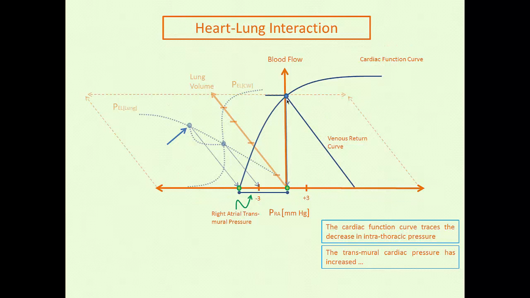And for simplicity, what I've left out, and I talked about this a little bit more in the first section of this Chapter 2, is that as lung volume increases, as the diaphragm descends, you actually tend to shift your mean systemic pressure out rightwards a little bit and increase your venous return somewhat. And so even in a very simple normal inspiration, the change in right atrial pressure is dependent upon multiple variables.